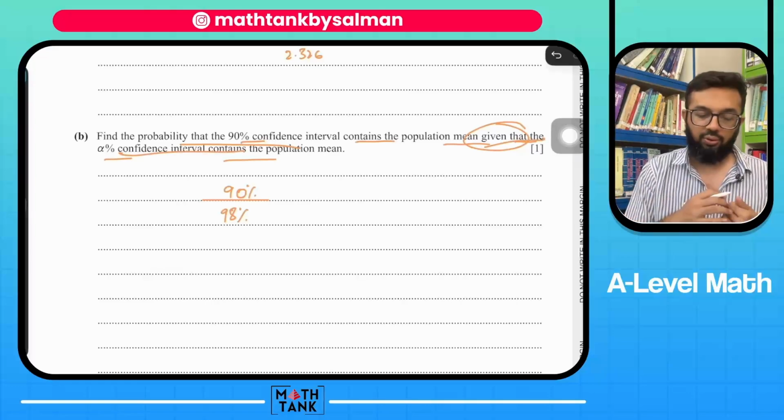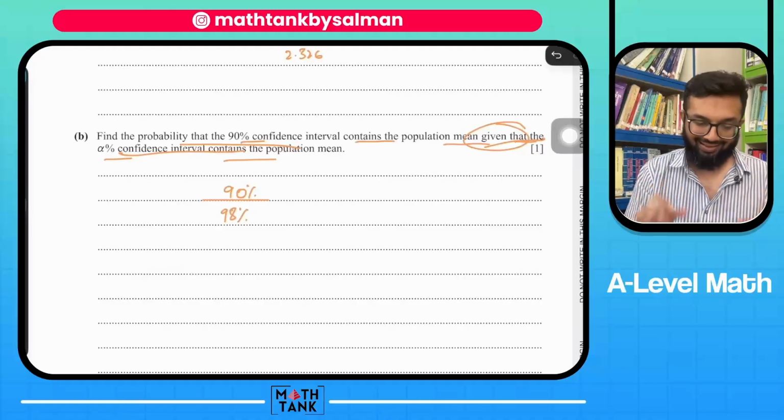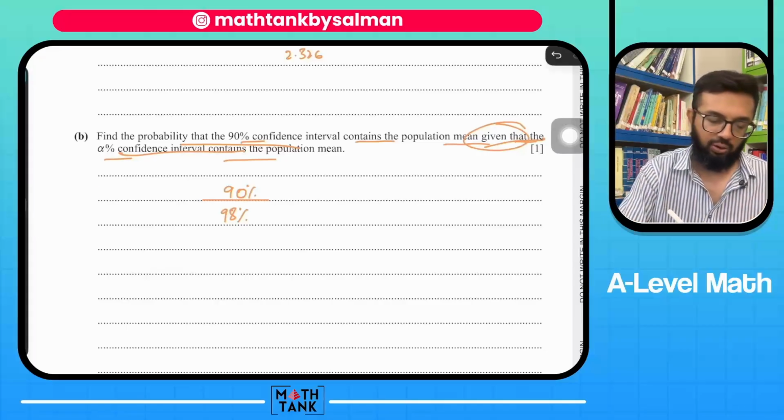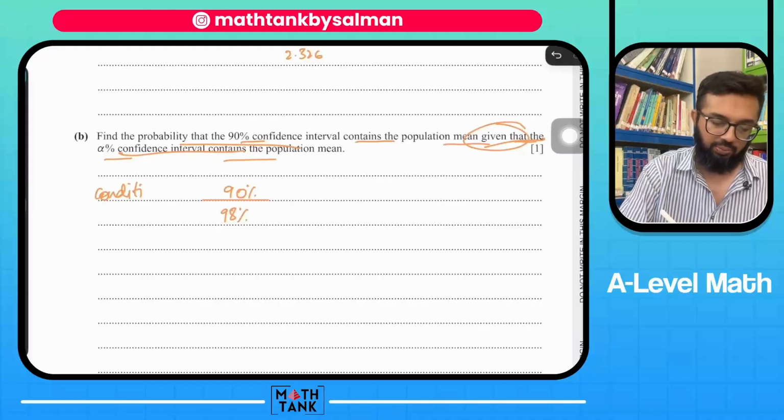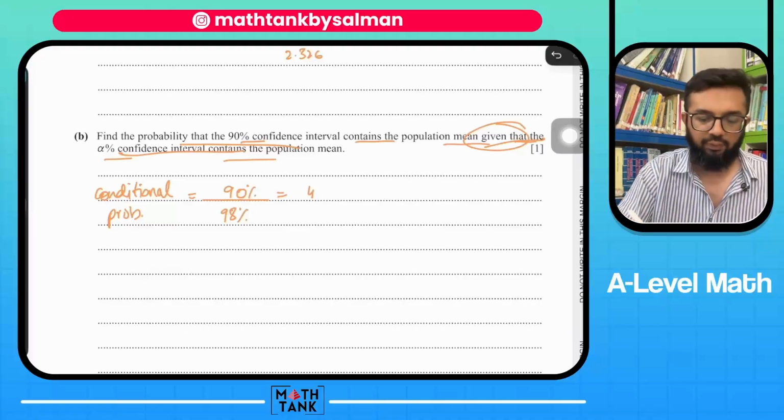What is the condition in the numerator? That the true population mean is in the 90% confidence interval, and that probability is 90%. So this conditional probability, that's a 1 mark question, nothing to worry about. That's 45 over 49.